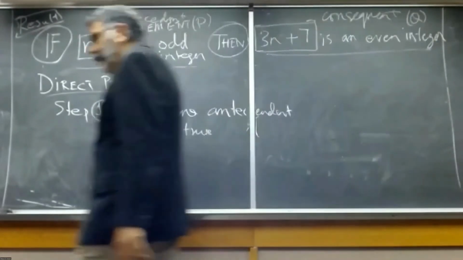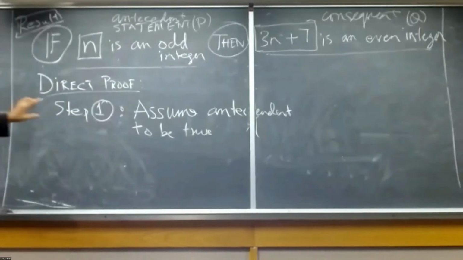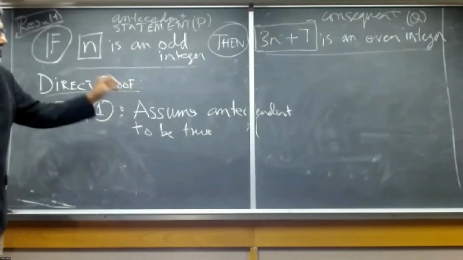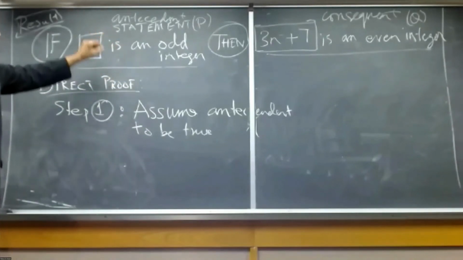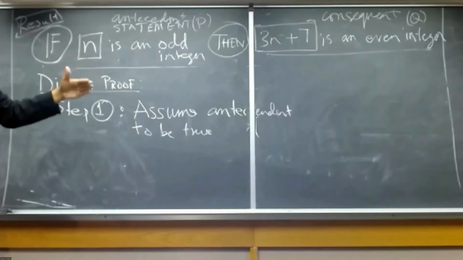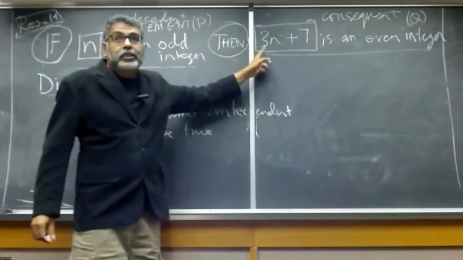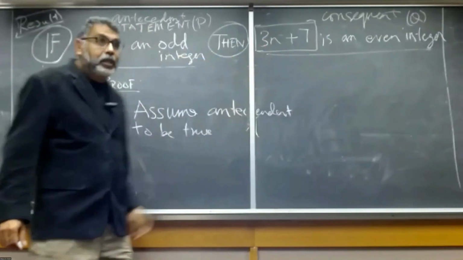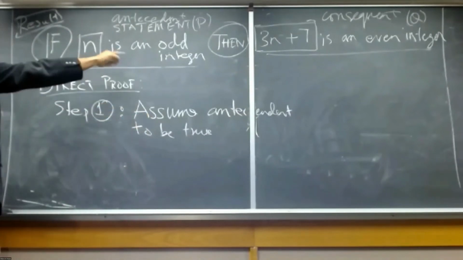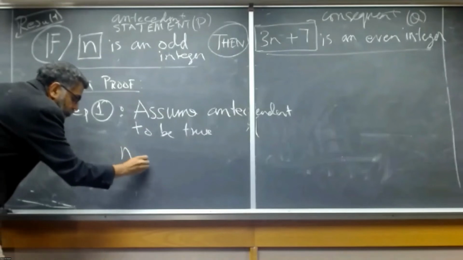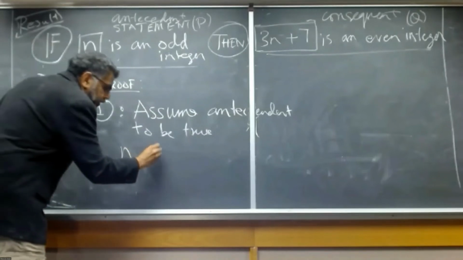Okay, so let's do that. From our step one, the first step of a direct proof is to assume the P, or the antecedent, to be true, and then we get something that we can plug into this to show that this is always even. So our assumption about this statement gets us this, that n can be represented as 2k plus 1.